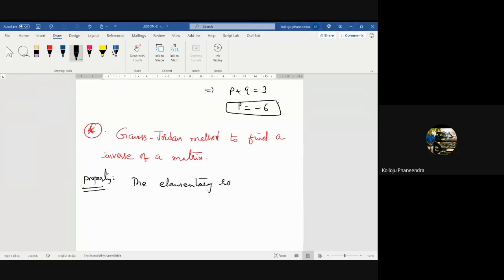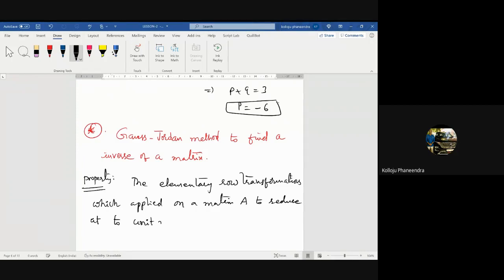The elementary row transformations which are applied on a matrix A to reduce it to unit matrix.